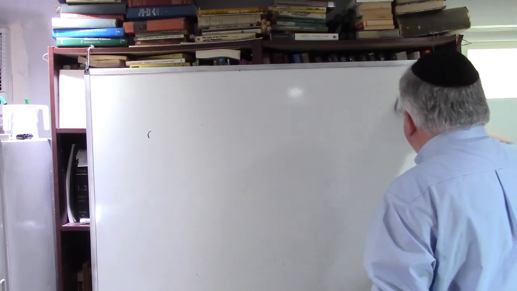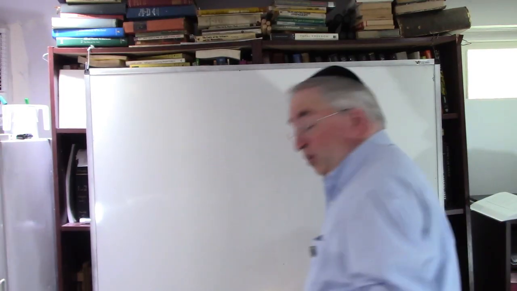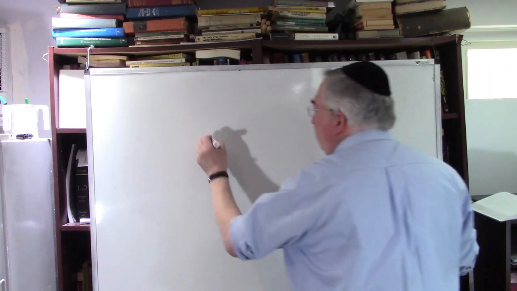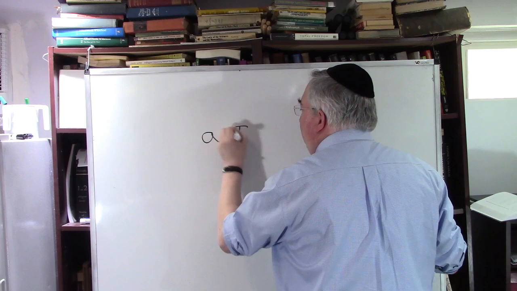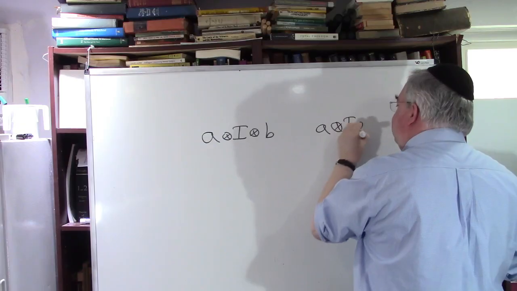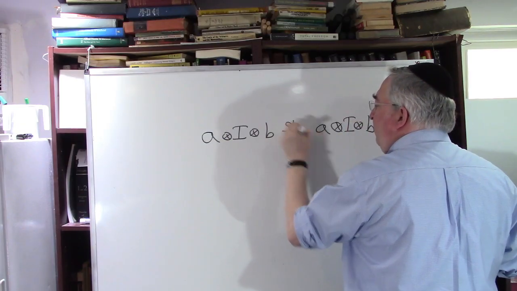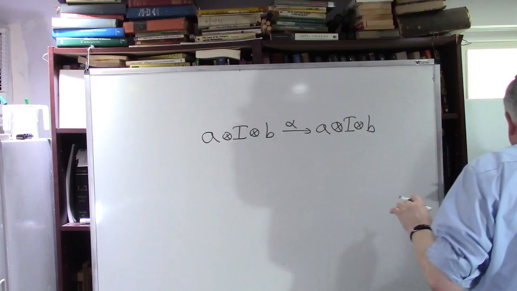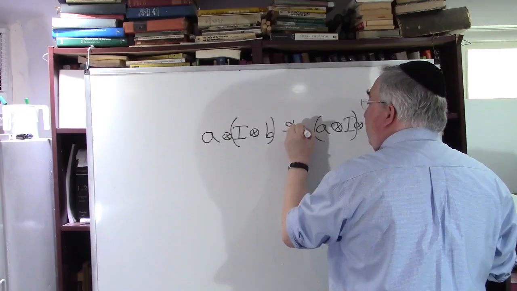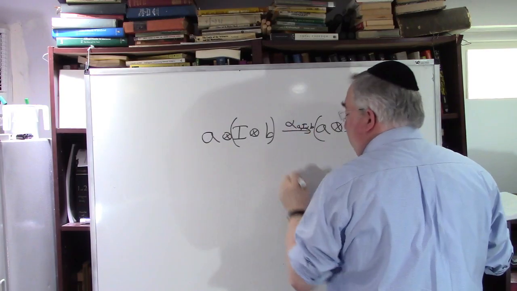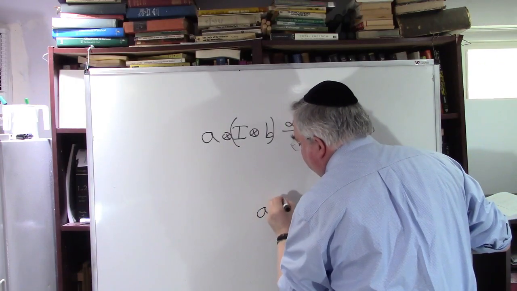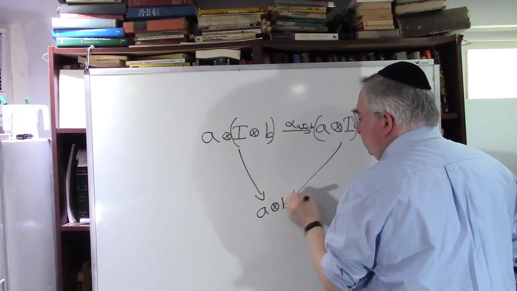Okay, let's go through another condition that has to be satisfied. The other condition is that alpha has to get along with the unitors. And so that goes as follows. A tensor I, tensor B, A tensor I, tensor B. Here you have an alpha. We're going to fill in the parentheses in a second. It goes like this, it goes like this, and this is A comma I comma B. And this is A tensor B, A tensor B. This goes like this, and this goes like this.